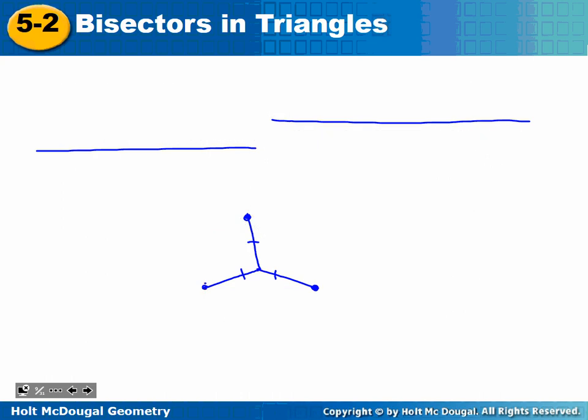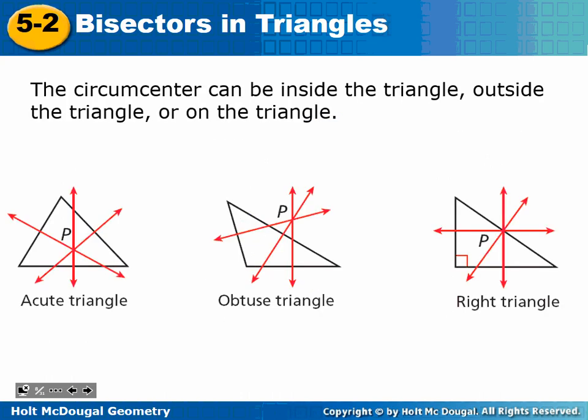Okay, let's go back. On your homework, they're going to ask you some questions about the circumcenter. So here's a chart that will help you with that. So first of all, add to your notes, each of these lines are perpendicular bisectors. They don't tell you that here, but all of the lines are perpendicular bisectors. We could go through, if we had time, and draw in all the little right angles and the bisector marks.